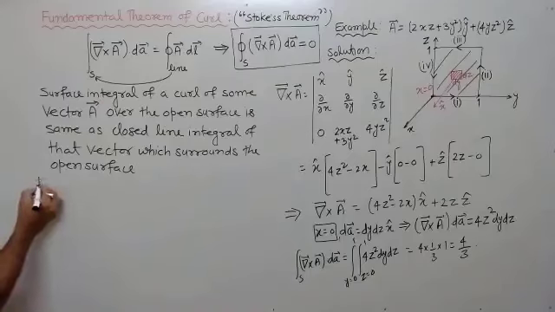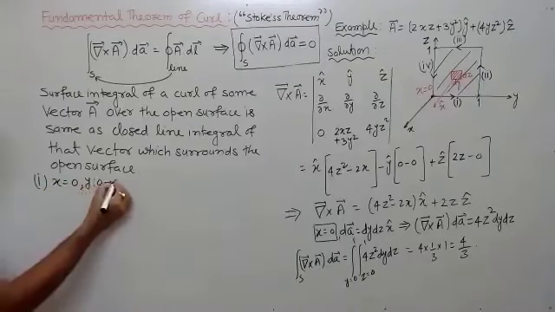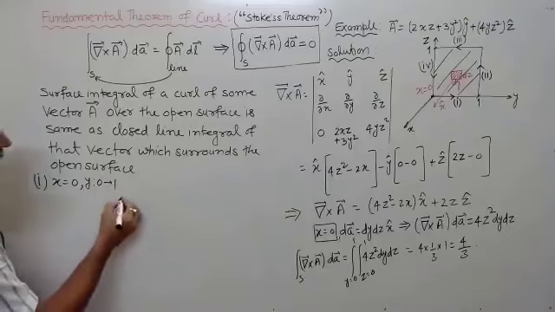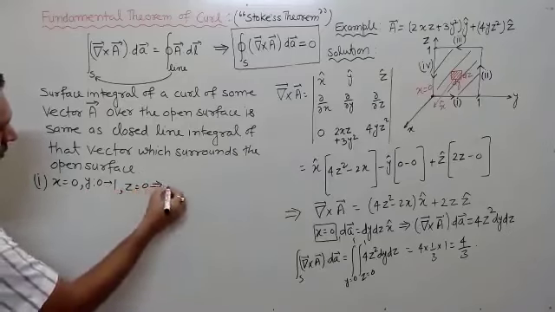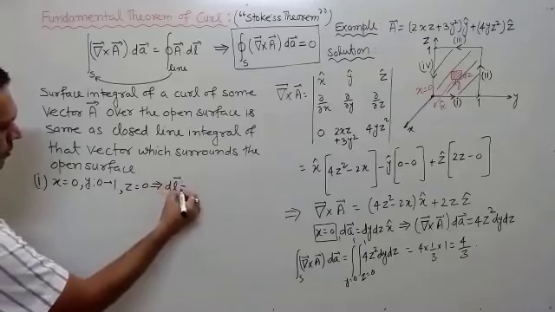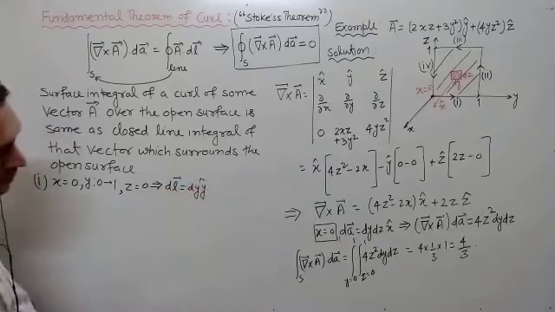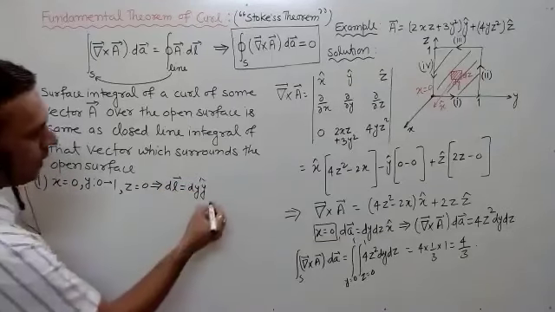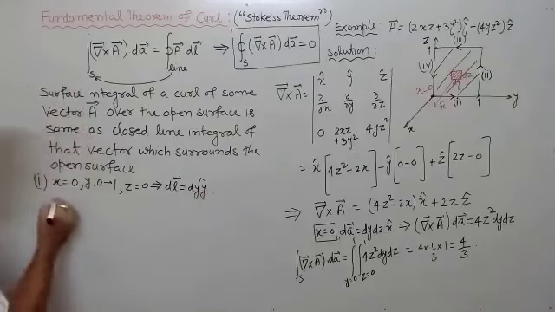Now see segment 1. x is 0, y varies from 0 to 1, and z is 0. So dl will be dy y cap. What will be A dot dl?